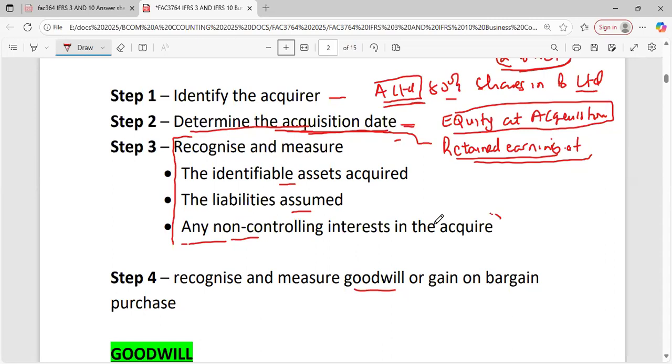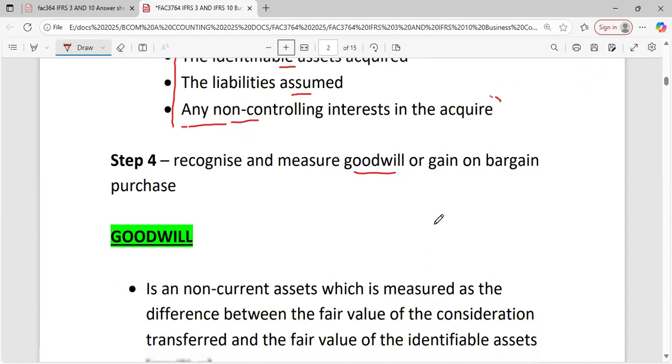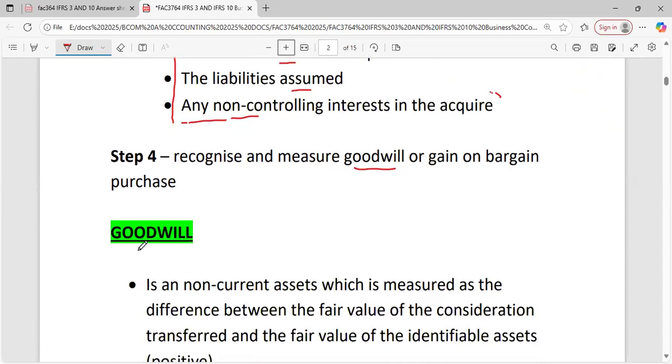So the difference between the value of the business and the value of the assets is the goodwill, which means you are buying the name, like the business is doing well, so they will also charge that when they charge the value of the business. So that is the goodwill.